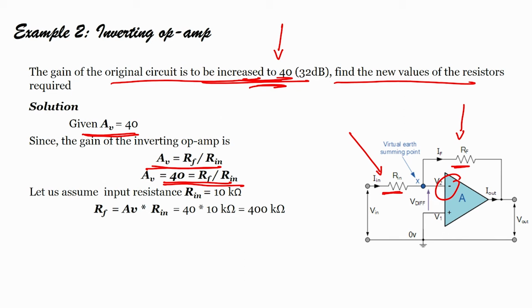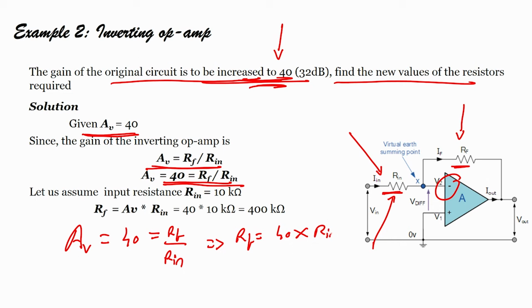If I assume that my Rin, let us say, is 10 kilo ohm, then my RF would be what? I have this formula, AV equals 40 equals RF by Rin, which implies RF equals 40 into Rin.